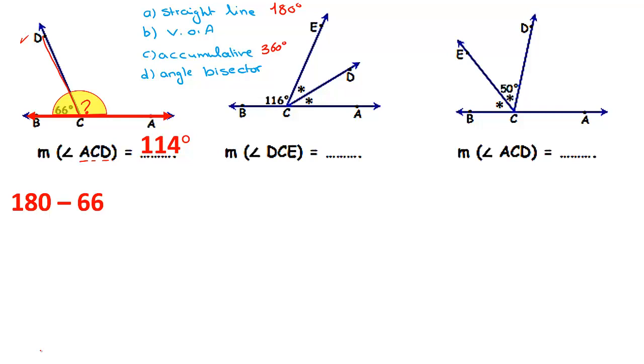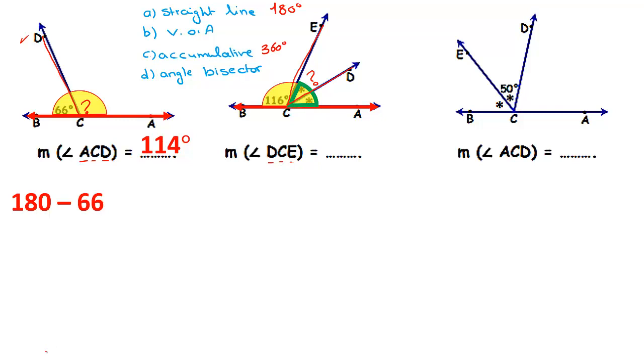Let's go now for the second one. I want to find the measure of angle DCE. Angle DCE. This angle. Let's go first and see how many angles I have here. I have 3 angles. Are they on the same straight line? Yes. So if I add them together, I should get the sum of 180 degrees. And those two signs here mean that those two angles are equal in measure.